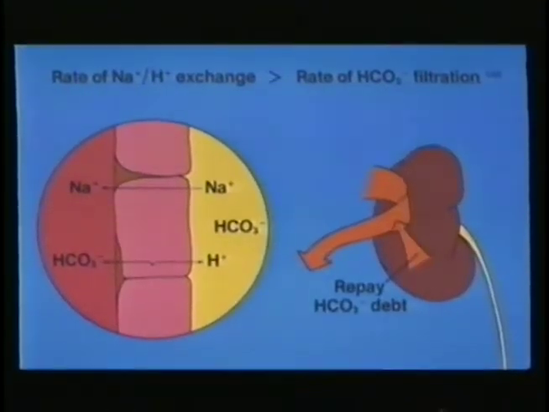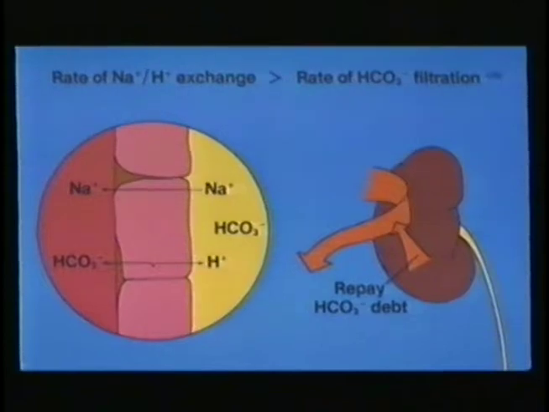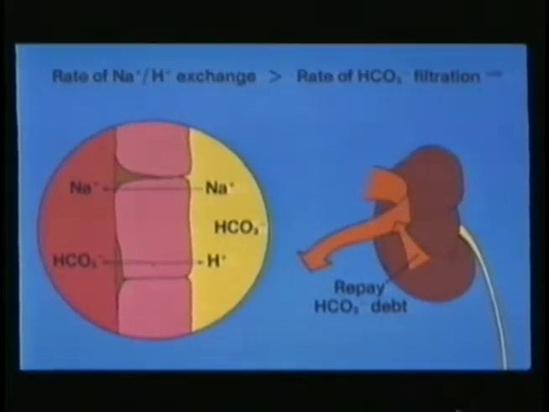To repay the bicarbonate debt, additional bicarbonate is required. The kidney must return more bicarbonate ions to the body than it receives in the glomerular filtrate, thus requiring that the rate of sodium-hydrogen exchange exceed the rate of bicarbonate filtration.